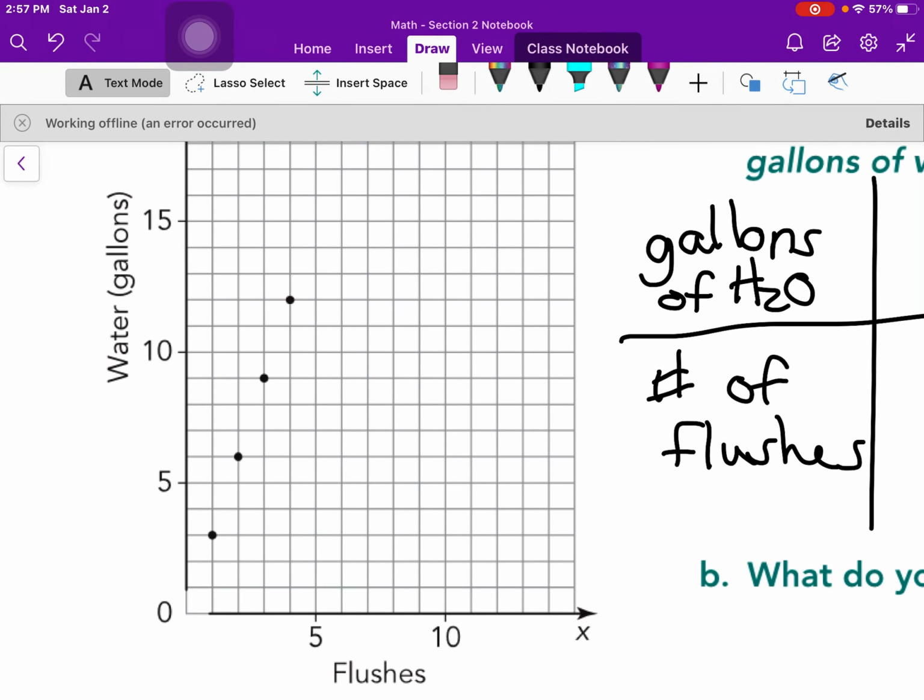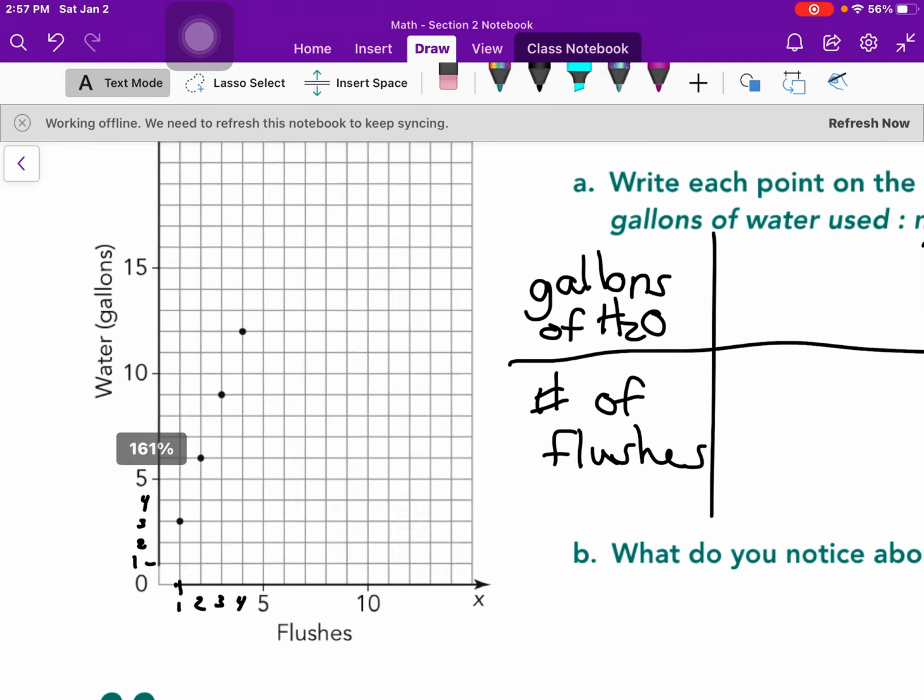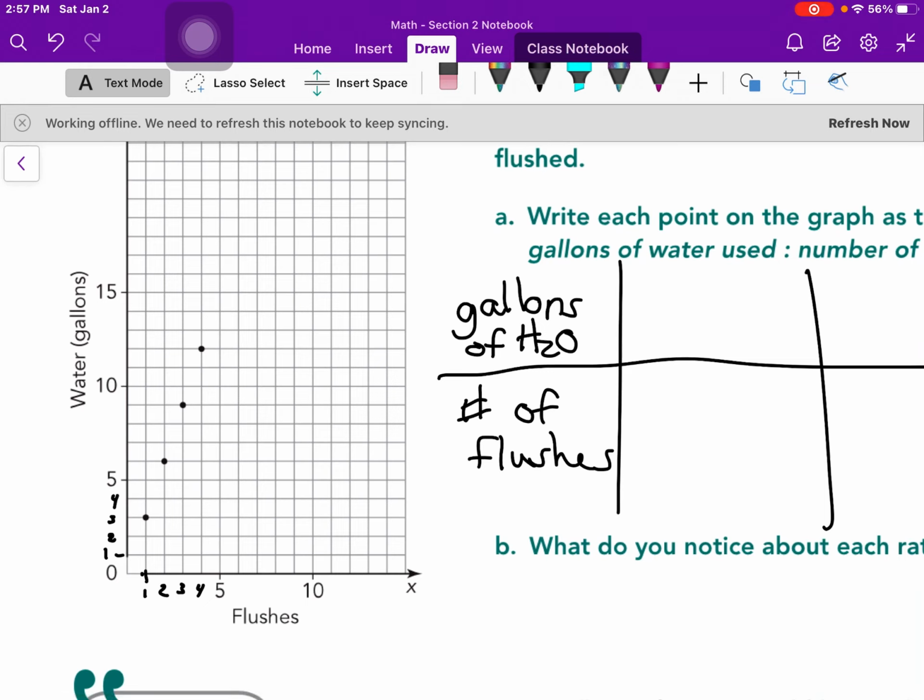I see here this is 5 flushes, so this is 1, 2, 3, 4. This would be 1, 2, 3, 4. So I can see that one flush is 3 gallons of water. So 1 flush, 3 gallons of water. The ratio would be 3 to 1.